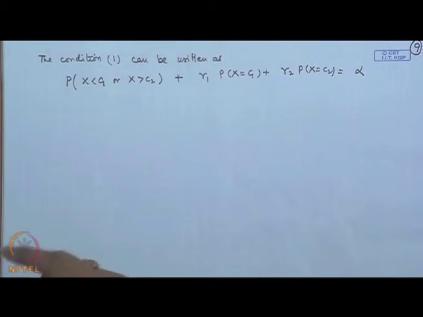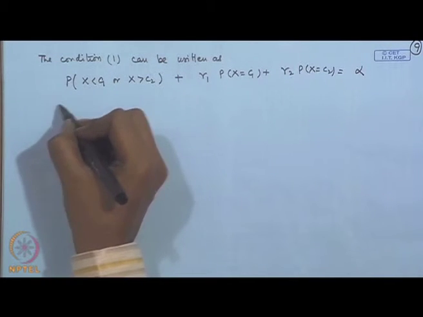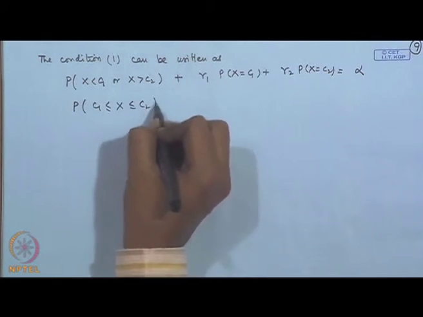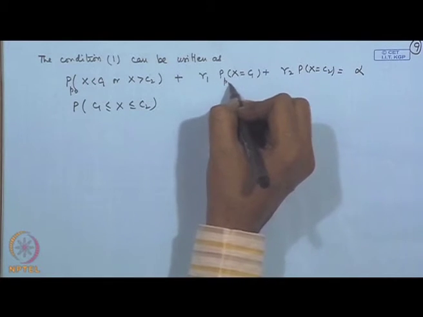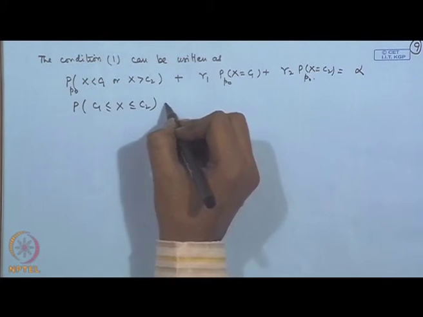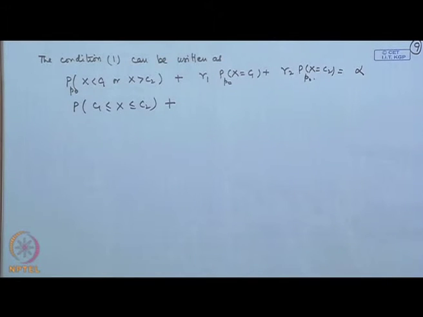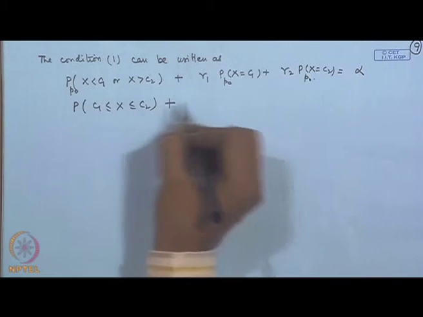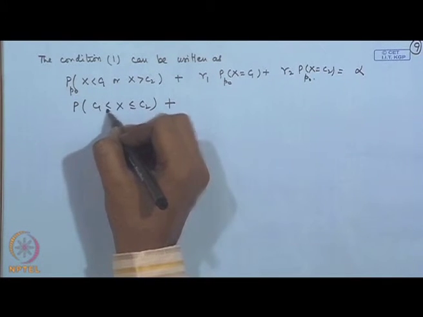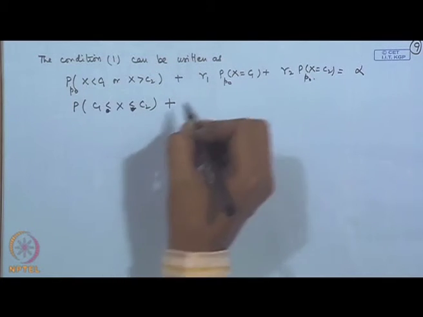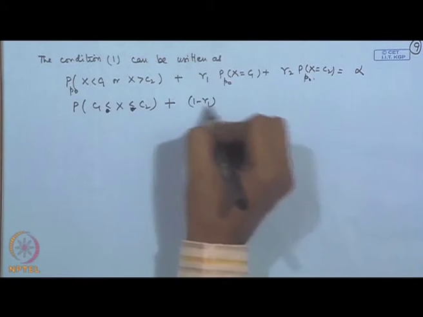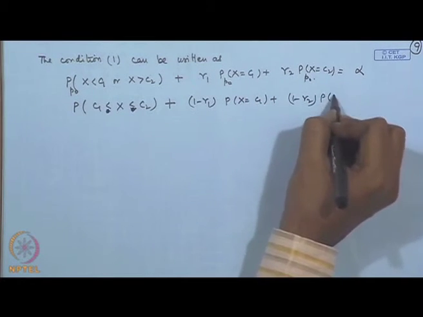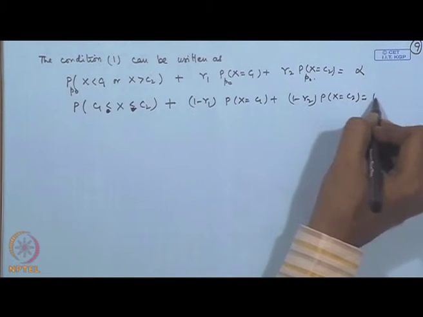I may consider the reverse of this also. I may consider probability of C1 less than or equal to x less than or equal to C2 under p naught, of course, here. So, this can be put as 1 minus gamma 1 probability of x equal to C1 plus 1 minus gamma 2 probability of x equal to C2 is equal to 1 minus alpha.